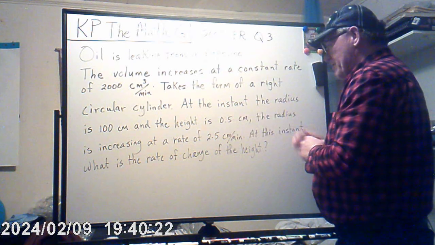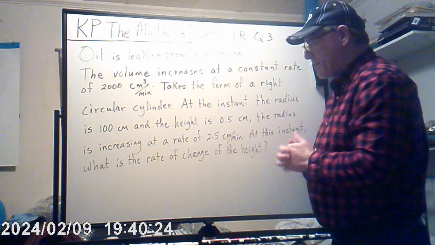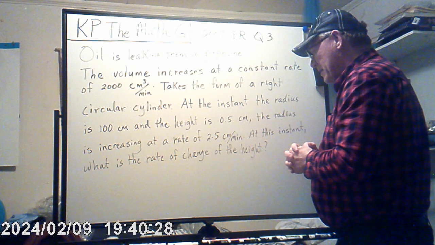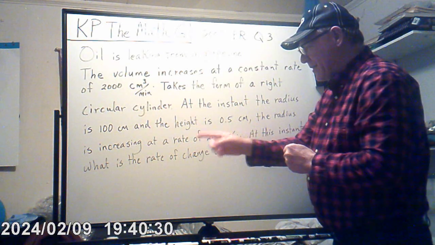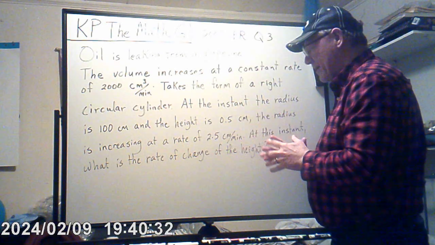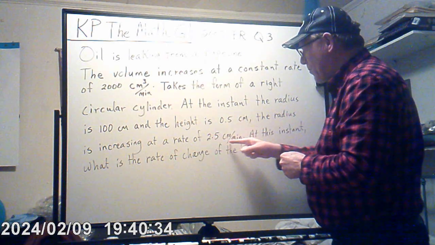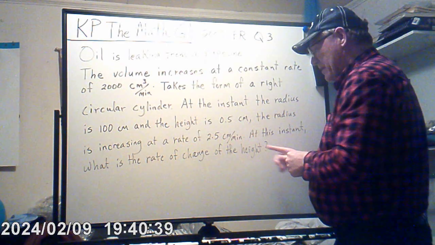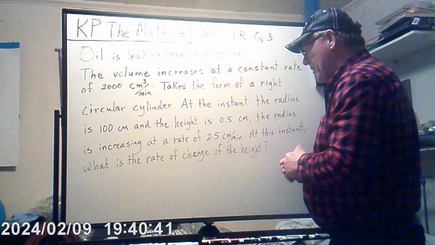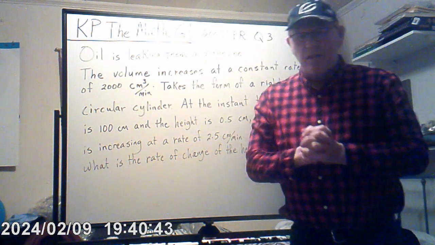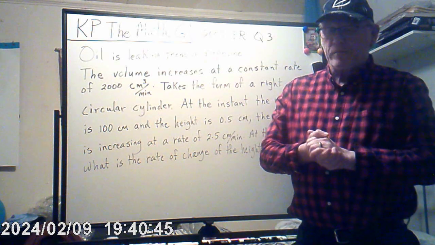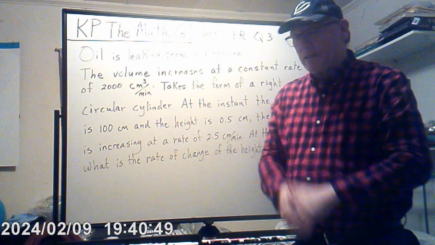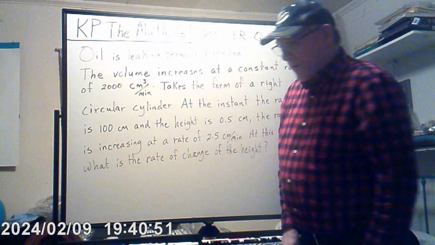At the instant the radius is 100 centimeters and the height is 0.5 centimeters, the radius is increasing at a constant rate of 2.5 centimeters per minute. At this instant, what is the rate of change of the height? I've been looking for a related rate problem, and lo and behold, I found one. So we're going to work on this.